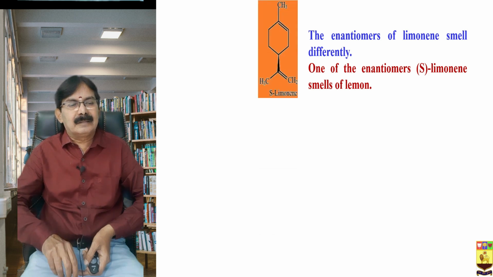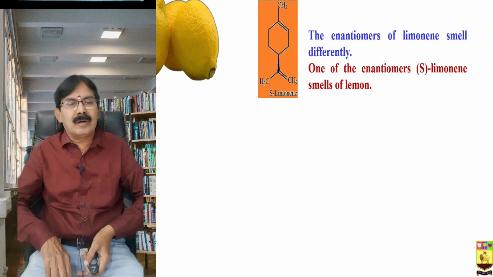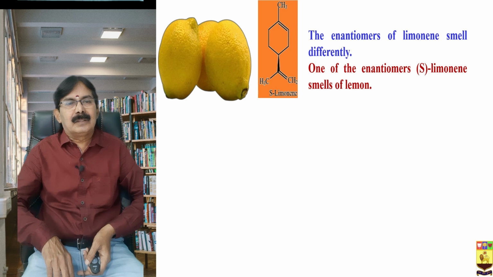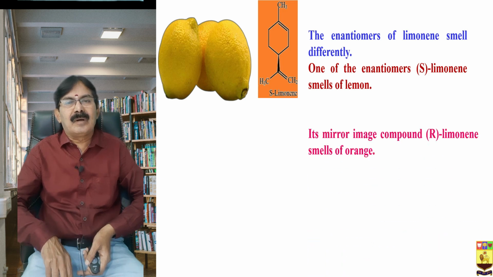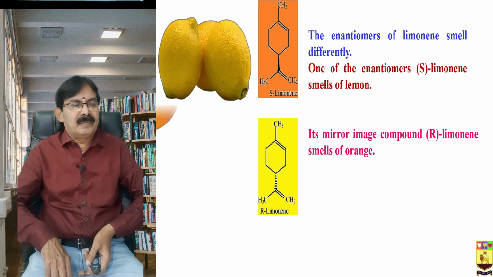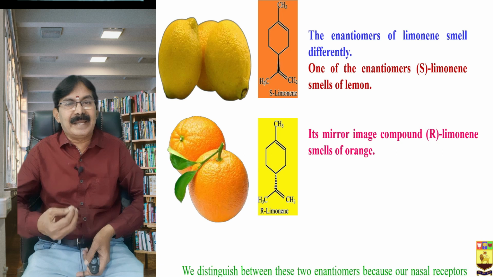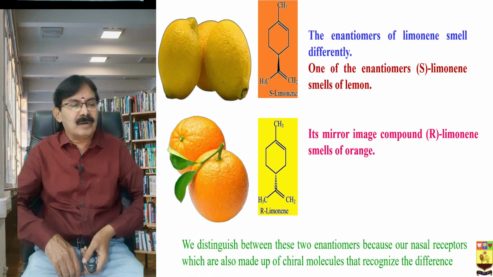On the other hand, its mirror image compound, R-limonene, smells of orange. So, this is its structure and it smells of orange. We distinguish between these two enantiomers because our nasal receptors, which are also made up of chiral molecules, recognize the difference.